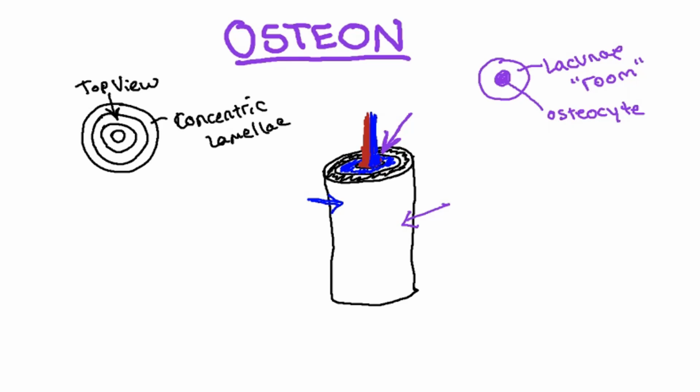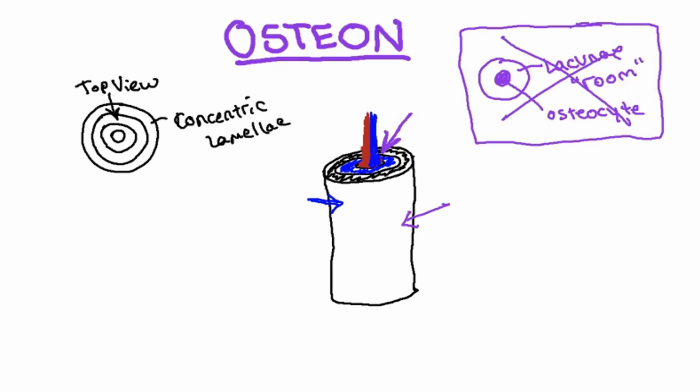This is a completely different thing. So you can keep this in mind for later. I'll show you where these are in the bone, but they are not here. This is not what we're talking about. This hole, the one that we're talking about in the osteon, this is called the central canal.